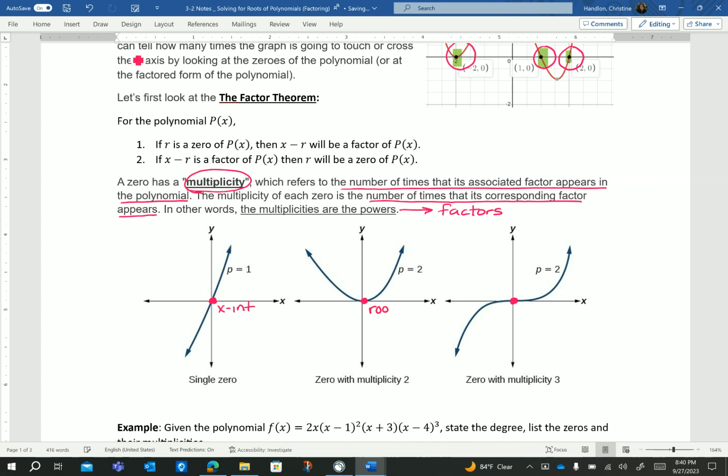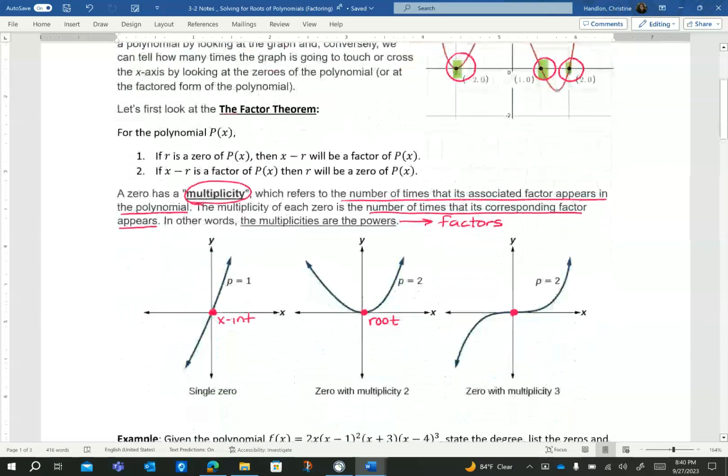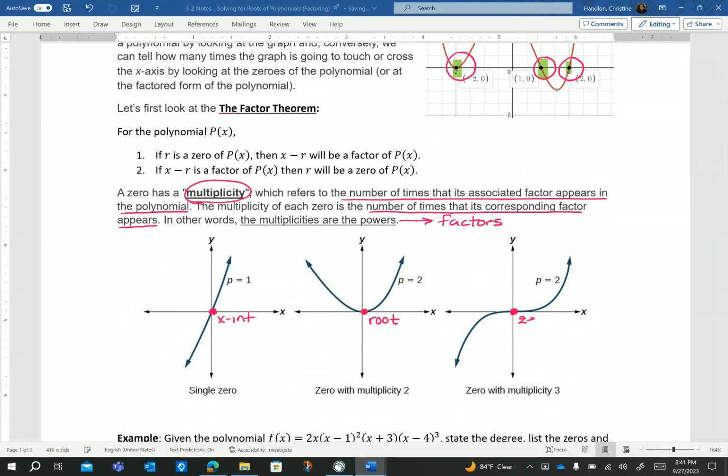I'll call this one a root just to make it a point. X-intercept, root, solution, zero. I'm going to use the 3 popular ones. So whatever word you want to use, those are your x-intercepts. Now, this graph right now is going through the origin. These are just examples. Your roots are not always going to be at 0, 0.